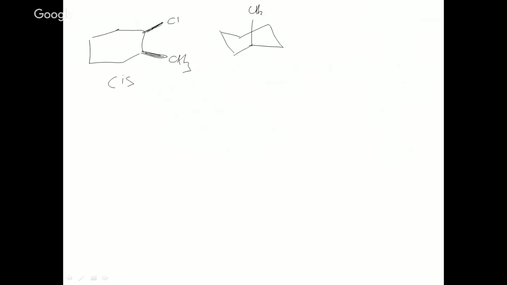The CH3 is up here, and the Cl is up. Notice they're both cis to each other still. And then we have this equilibrium. We have one axial and one equatorial here, so let's assume these are equal in energy. Chlorines and methyls are a little different, but we're not too worried about that.